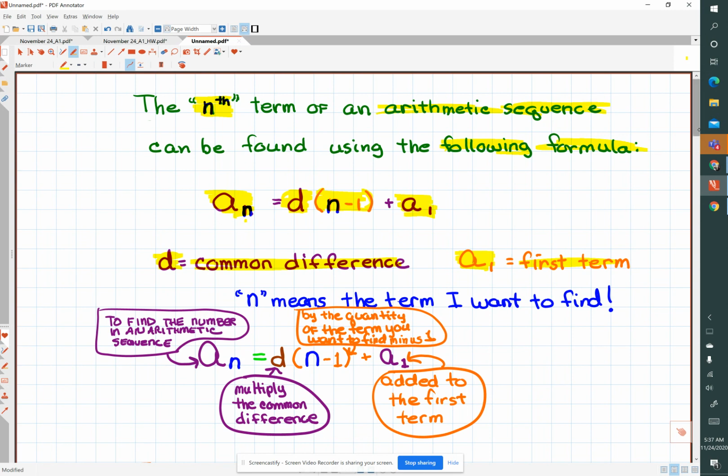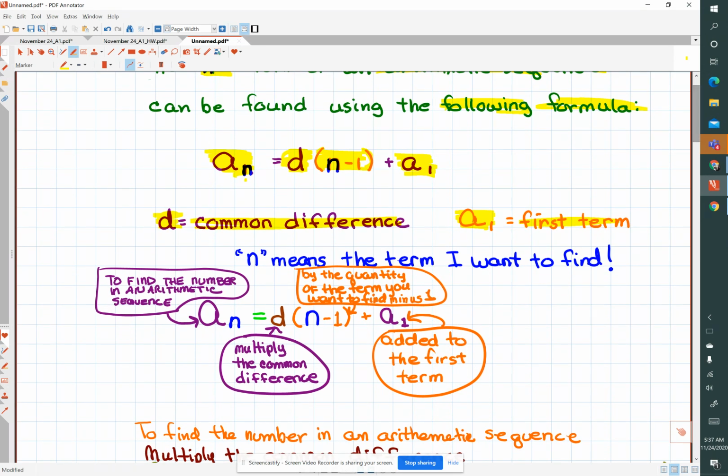So let's look at this a little bit more closely. If you want to screenshot this while we're working, I think that's a great idea on your phone. So what does this n mean? n means the term that I want to find. So when we say a sub n, we are saying to find the number in an arithmetic sequence.